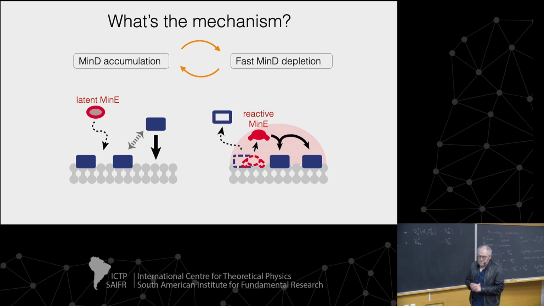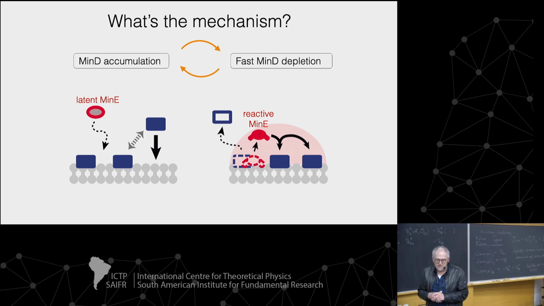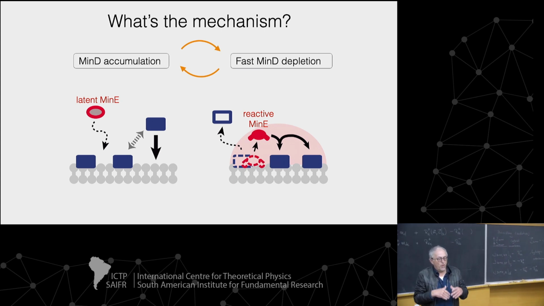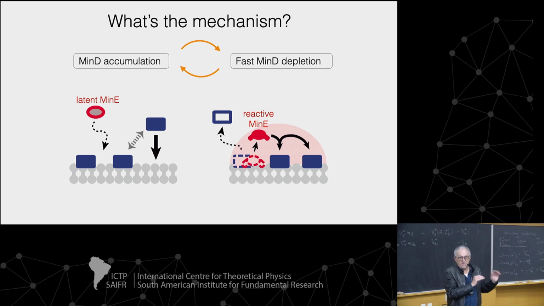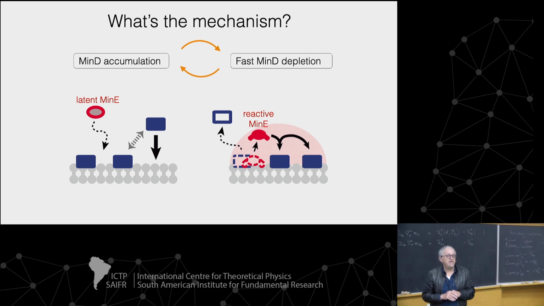And now, what happens when you have more MinE than MinD, but you have this switch between a latent MinE and an active MinE? Okay, let's start from the right-hand side, because the MinEs are made from latent to reactive by the MinDs on the membrane. So initially, there's just latent MinE in the cytosol.